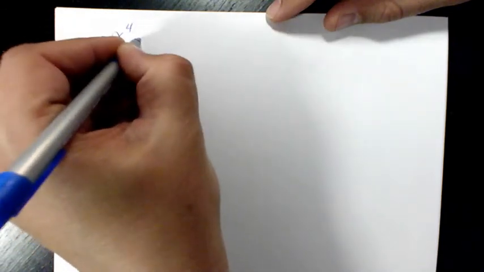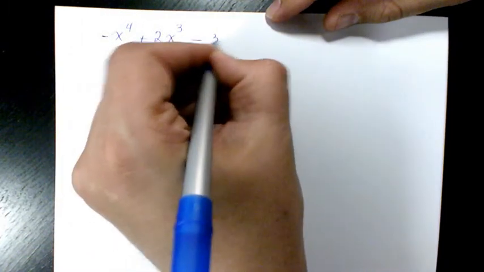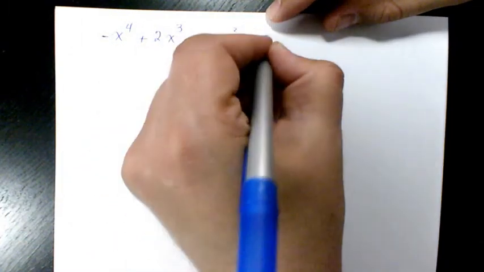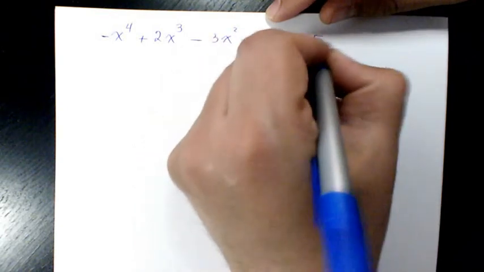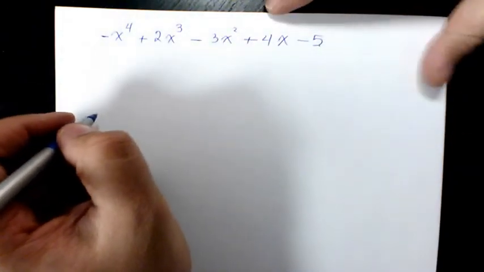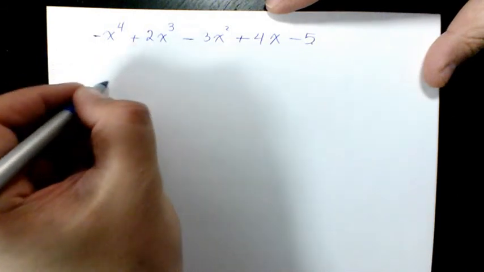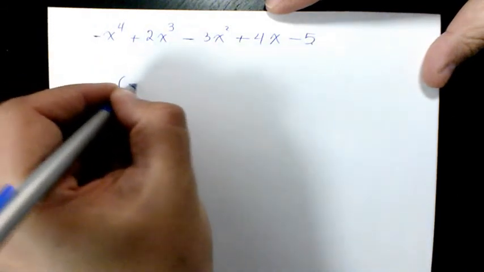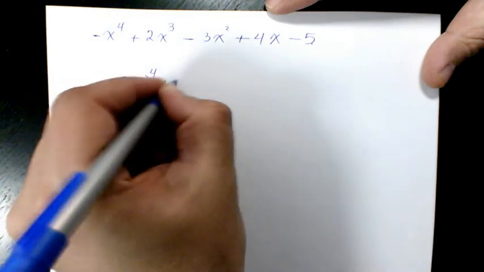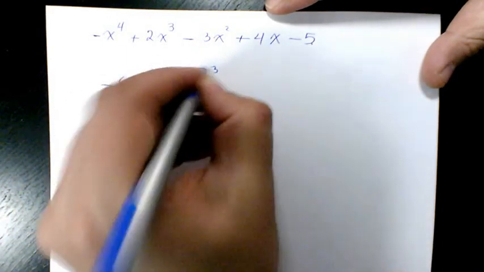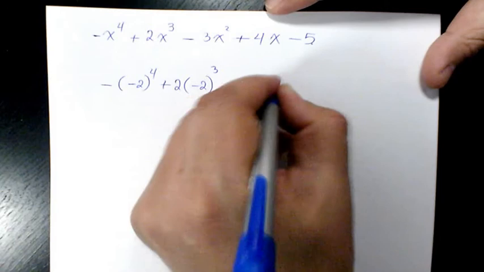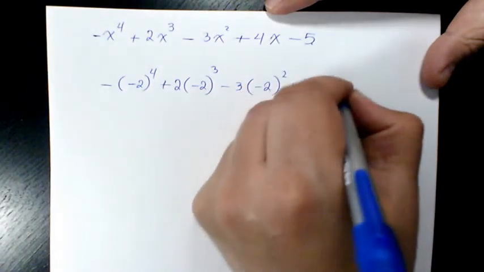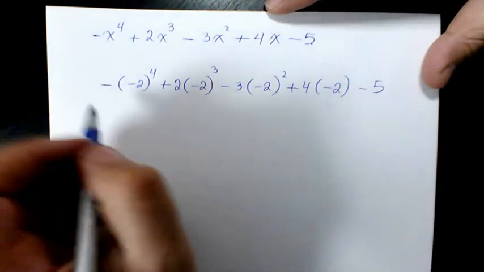Next example is going to be negative x to the power of 4 plus 2x to the power of 3 minus 3x to the power of 2 plus 4x minus 5. Again, that's divided by x plus 2 as well. So we have negative 2 to the power of 4 plus 2 times negative 2 to the power of 3 minus 3 times negative 2 to the power of 2 plus 4 times negative 2 minus 5.